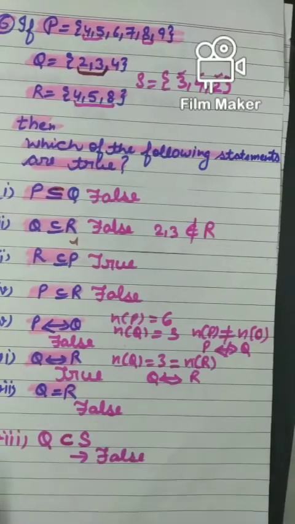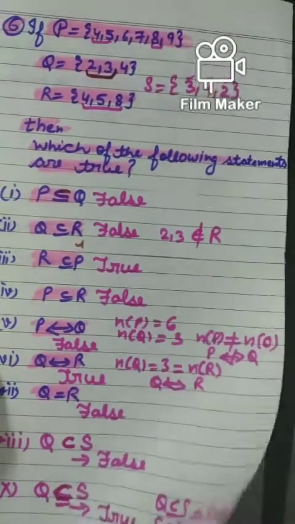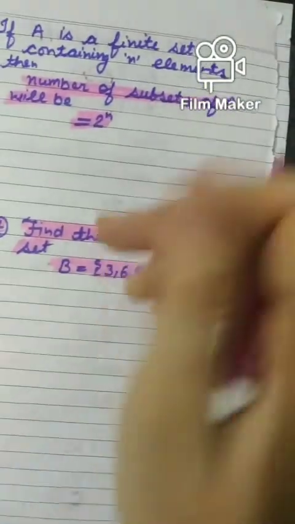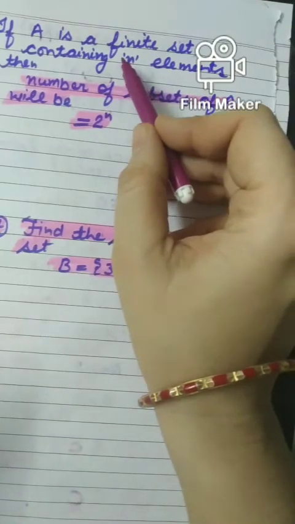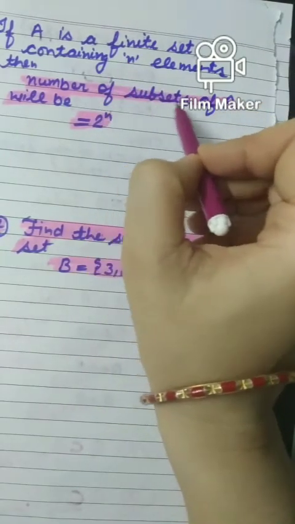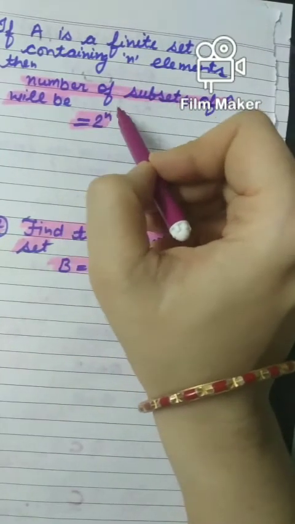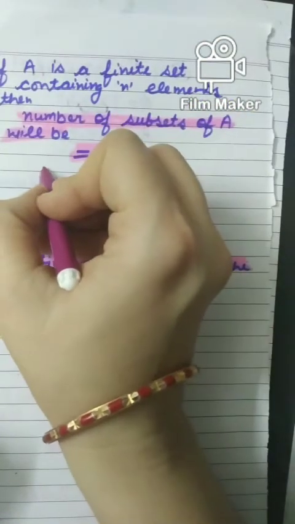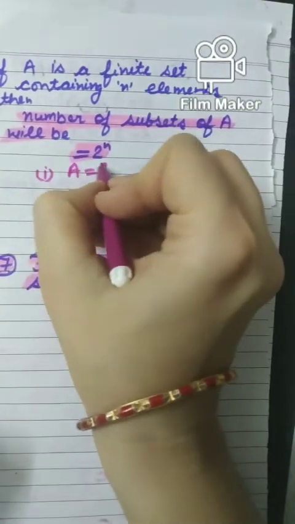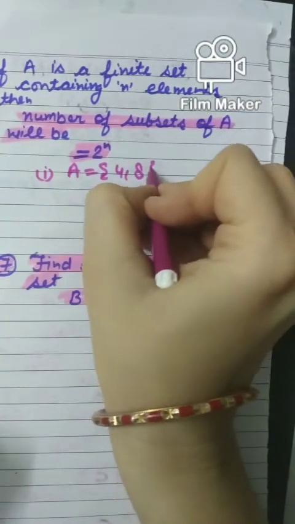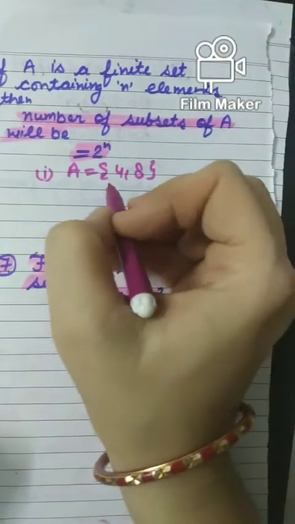Clear? Next, one more. How to find subsets of a set. Beta, see. If A is a finite set containing n elements, means the cardinality of A is n, right? The number of subsets of A will be 2 raised to power n. I can give you an example. If I have a set A with 4, 8, in this I have 2 elements.